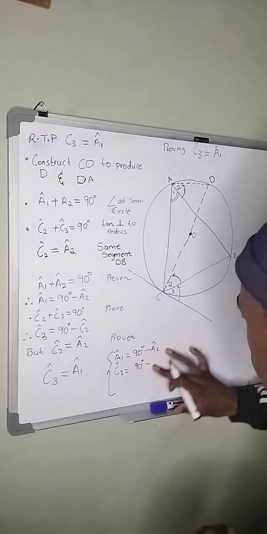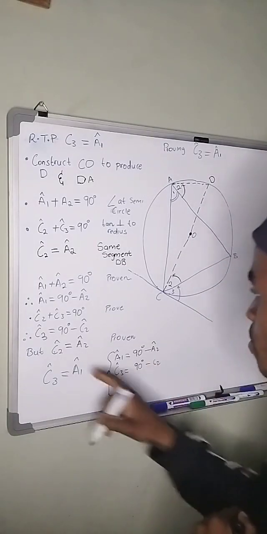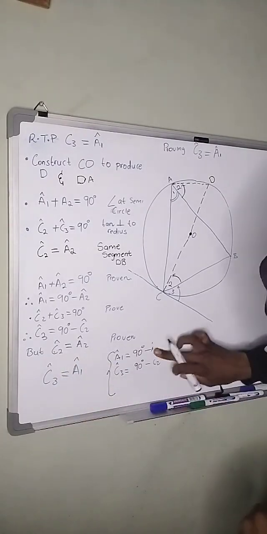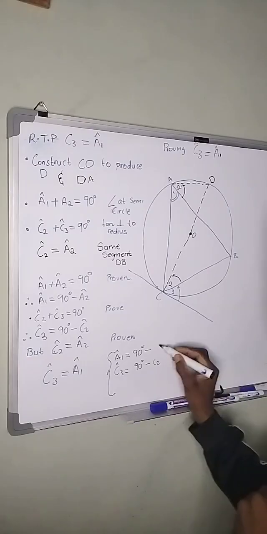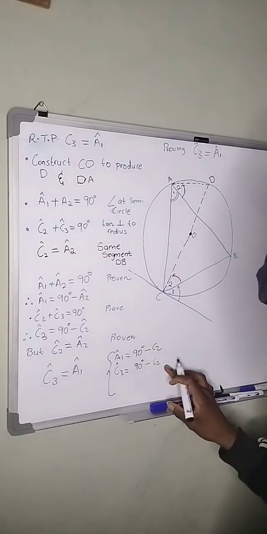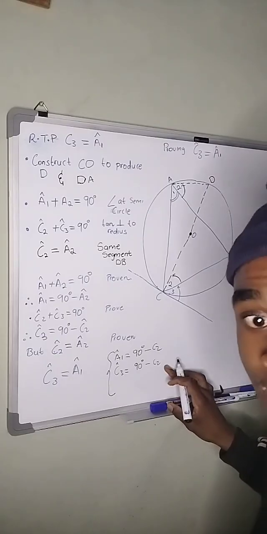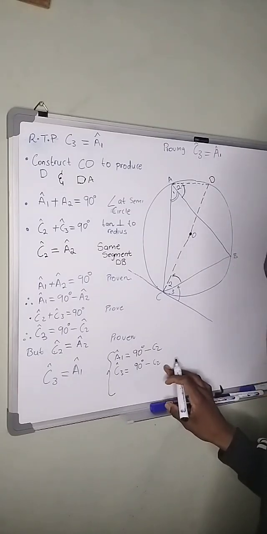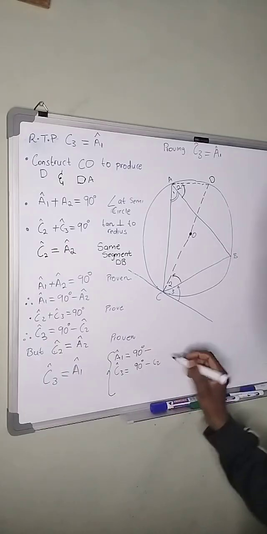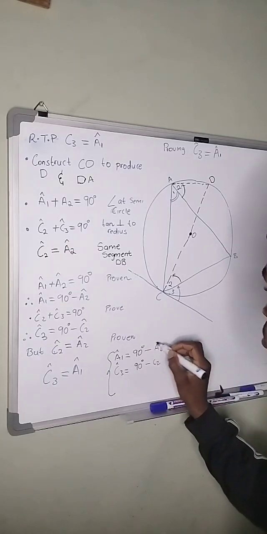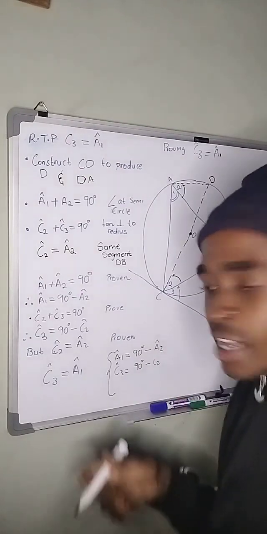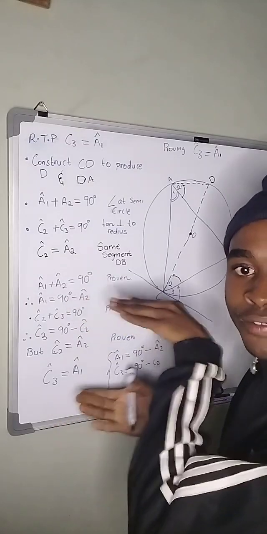Even though I can put this C2 here, because C2 is equals to A2, I have a right to substitute this A2 with C2, and they will be equals to the same thing. Do you see that? They are both equals to the same thing, but in different form. This one is equals to A2, and this one is equals to C2. I just want to clarify this part so you don't get confused.